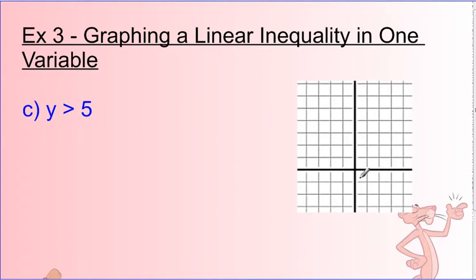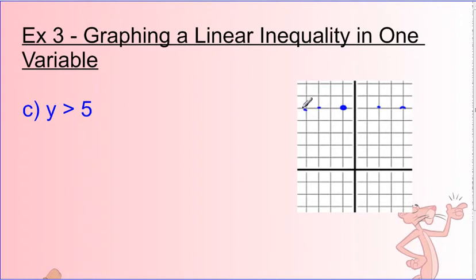Okay, y value is bigger than 5. Well, the y value is 5. 1, 2, 3, 4, 5. Anywhere up here across this line. Anywhere where you go up 5 from the x-axis. Then we need to have a hollow line because it's just greater than.